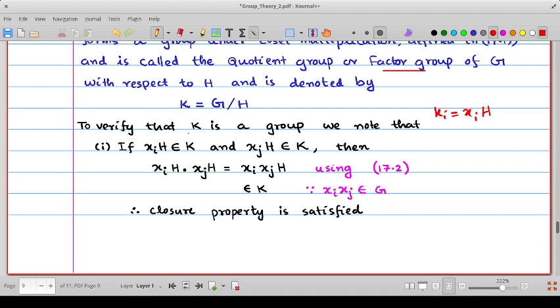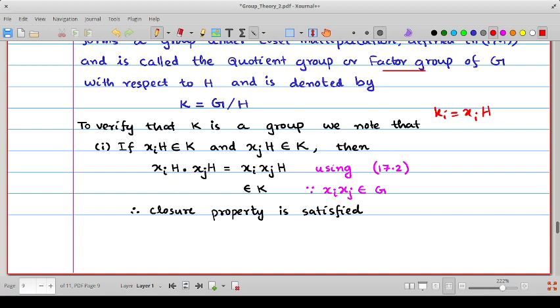So consider two elements of the set K. So XiH is an element of this set, and similarly XjH is also an element of the set of cosets of H. Then we take the product of any such cosets.